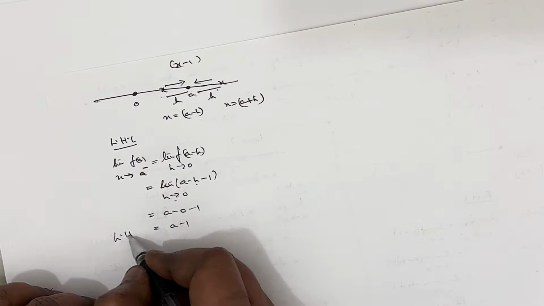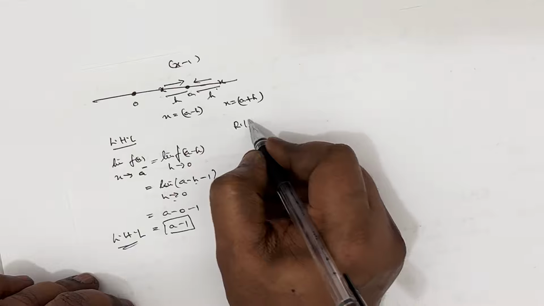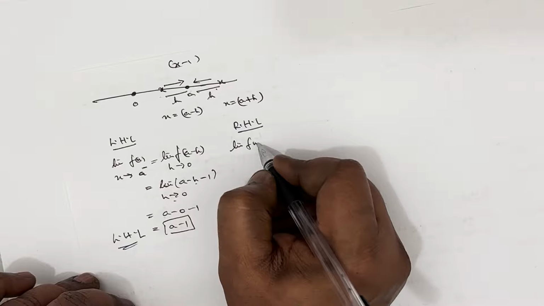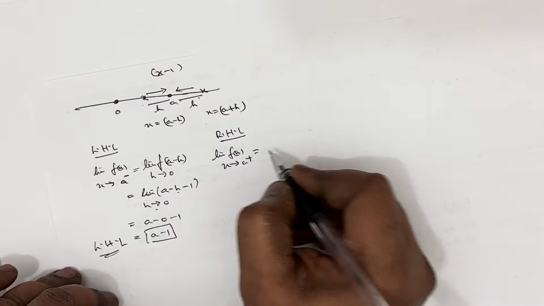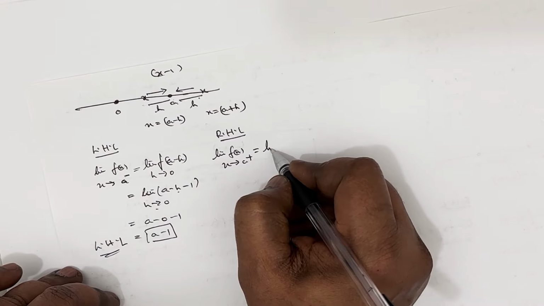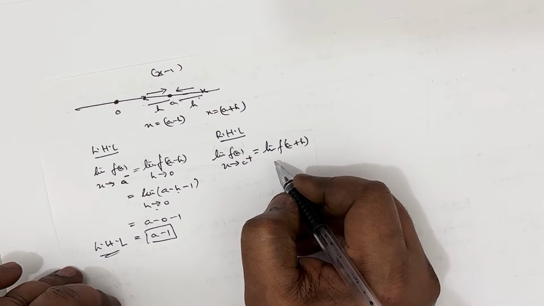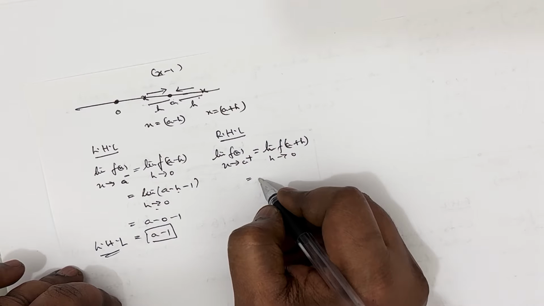This is the LHL. Now the RHL, the right-hand limit. The limit of f of x as x approaches a from the right side, that is a plus, is equal to the limit of f of a plus h as h tends to 0.